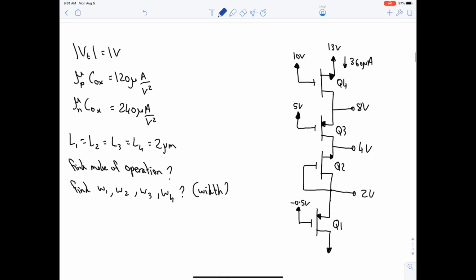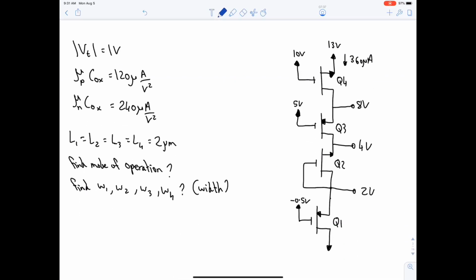Second question. Okay, we have nested MOSFETs, multiple MOSFETs. So what does the question say? It says find the mode of operation for each MOSFET, then find all the widths, the gate width I think they call it. Okay.